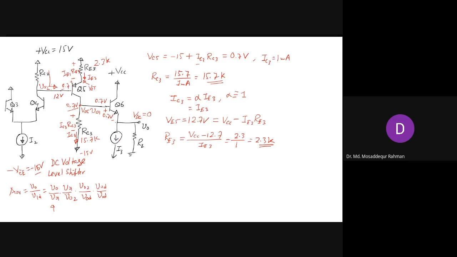We have already addressed these 3, right? The voltage buffer, the gain stage, and the input stage. So in addition, we get this extra term, and that is because of this voltage level shifter. What is the gain of this voltage level shifter?